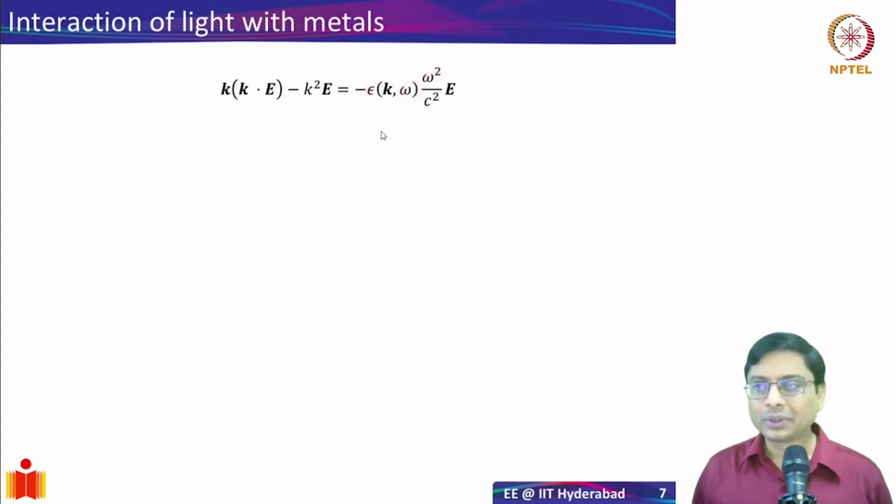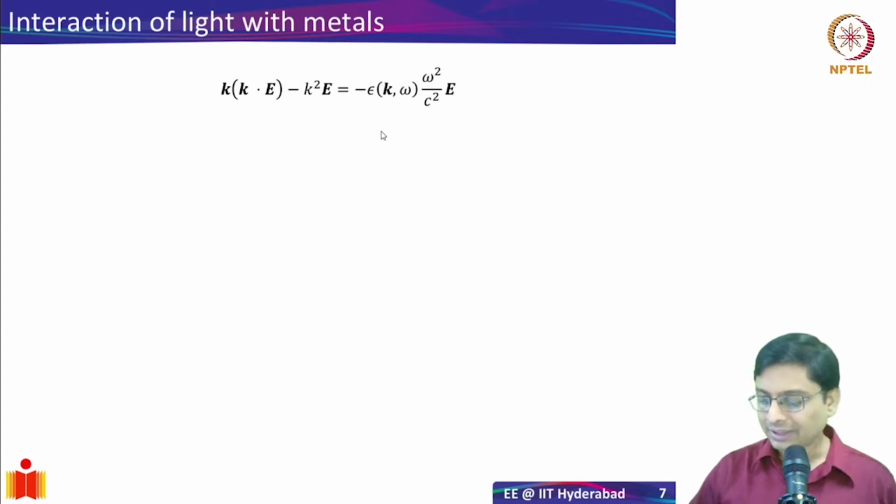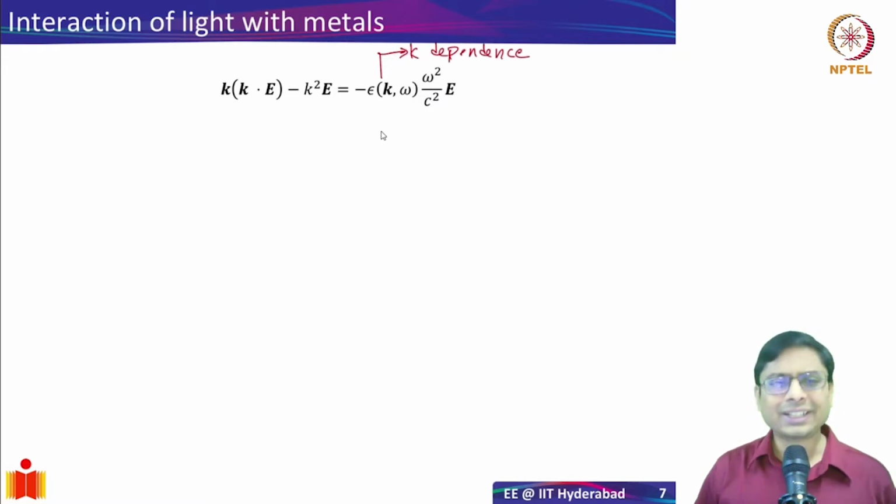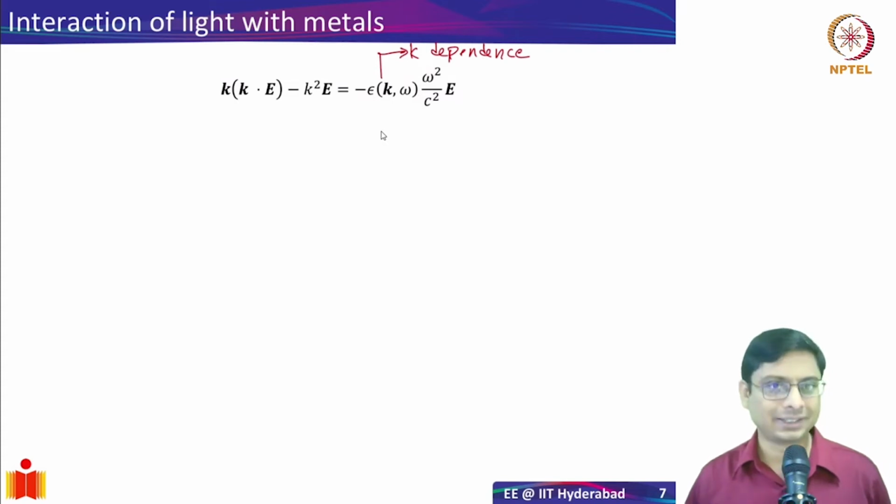If you notice, this is a bit of an advanced thing, but just for the sake of accuracy I have put in here the epsilon. It has a k dependence. This is basically an advanced thing which we call non-locality in the literature.